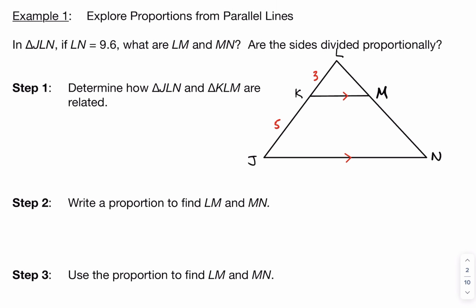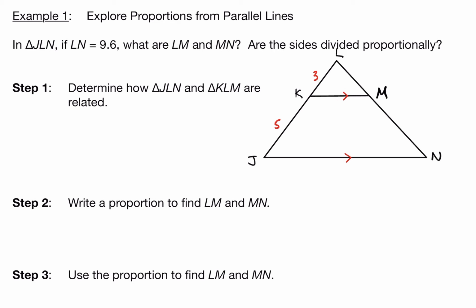So in this example, we're going to explore proportions from parallel lines. In this triangle JLN, we are given the fact that KM is parallel to JN. We know that they're parallel because of this notation, this arrow sign.